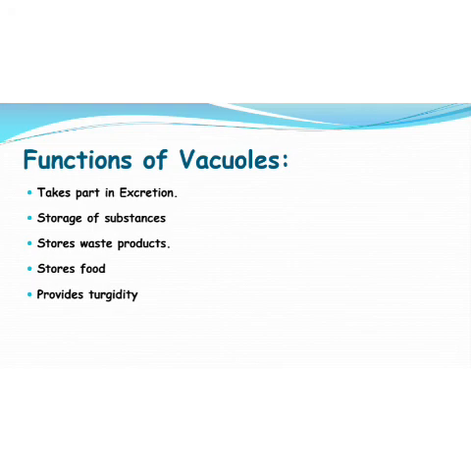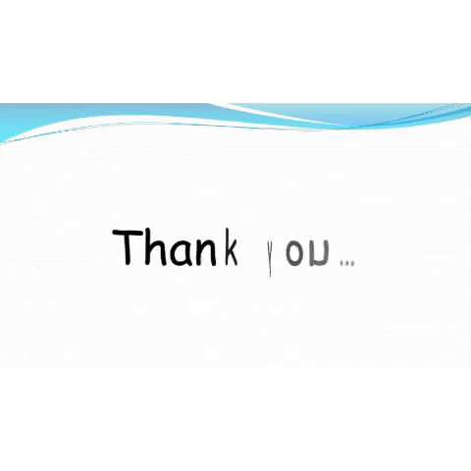This pressure gives turgidity and rigidity to the cell, and vacuoles also help in absorption of water. So with this information and discussion on plastids and vacuoles, we come to the end of this discussion. Thank you everyone.